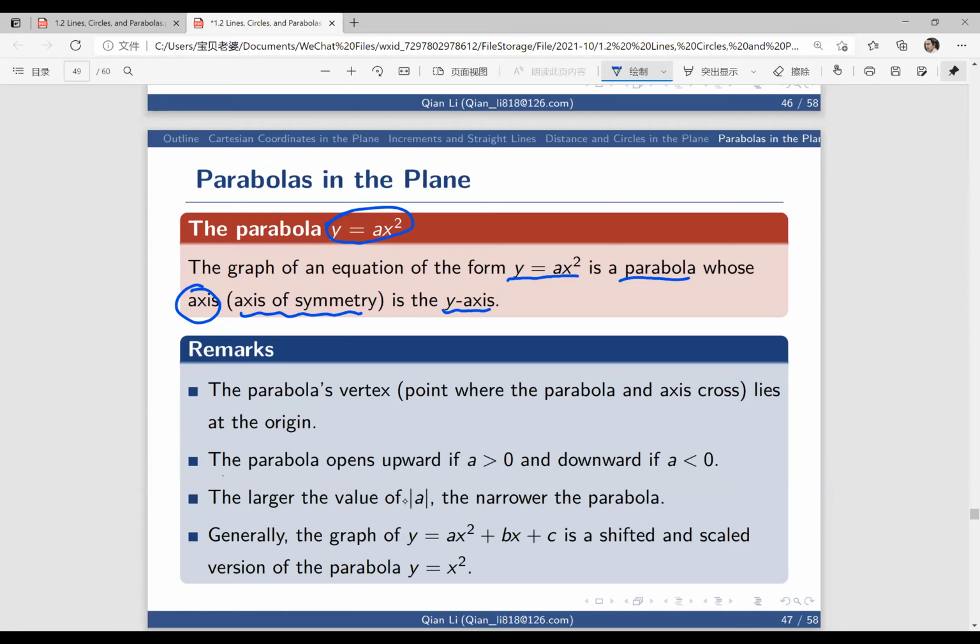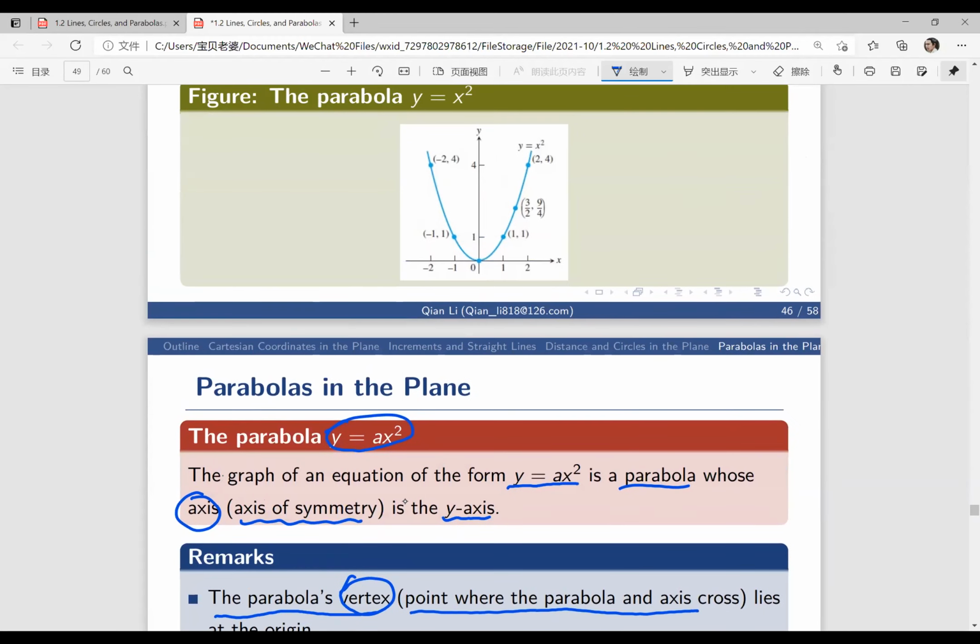And let's see the parabola's vertex. This vertex means the point where the parabola and the axis cross. This is a parabola, and the axis of this parabola is the y-axis.